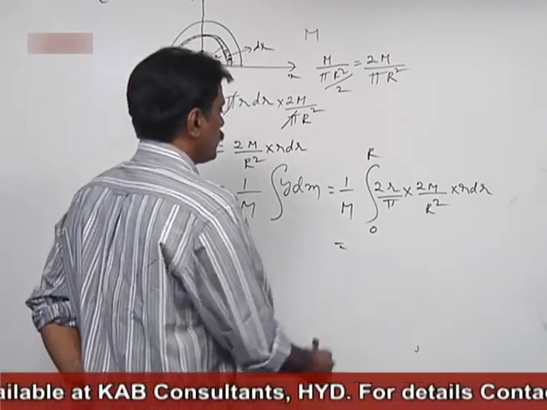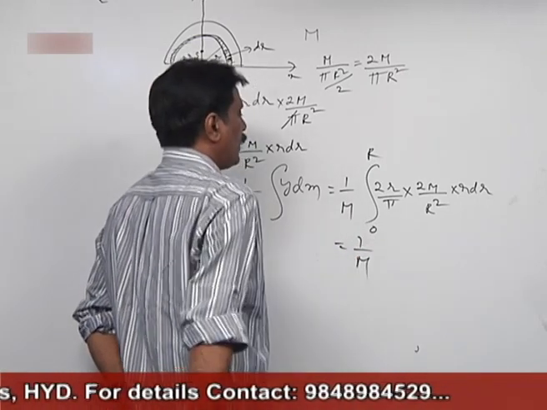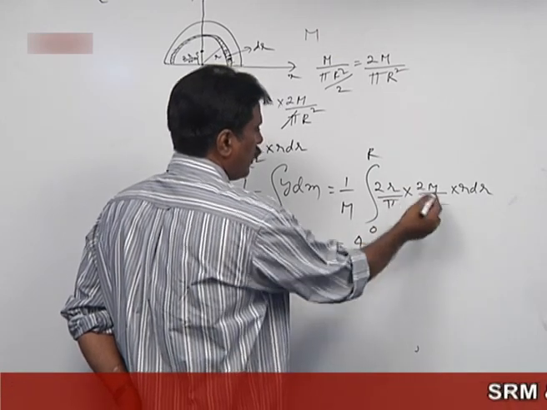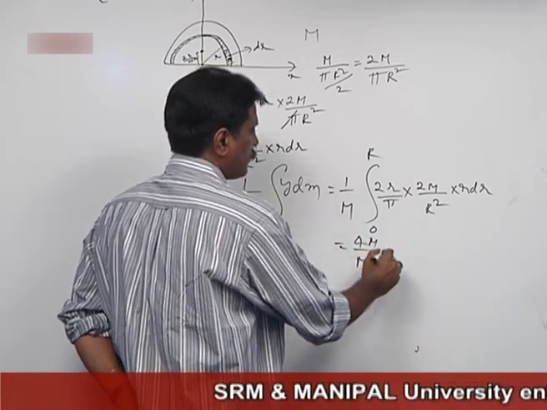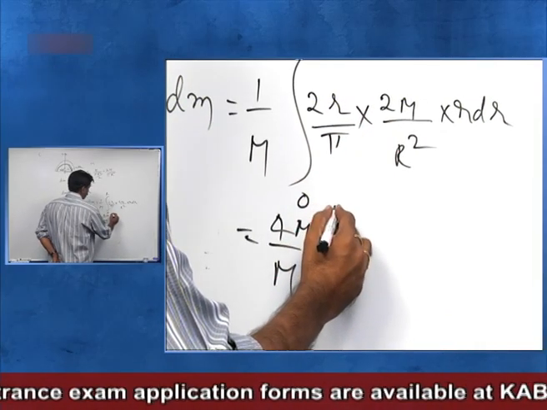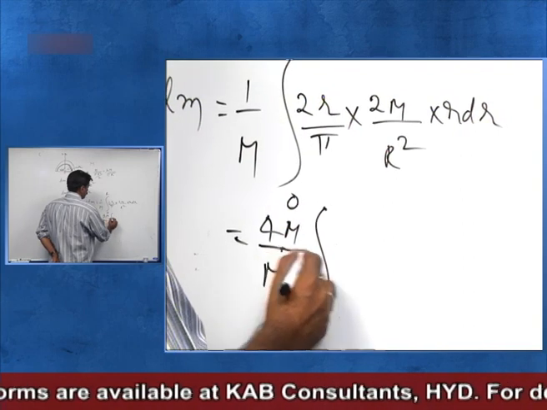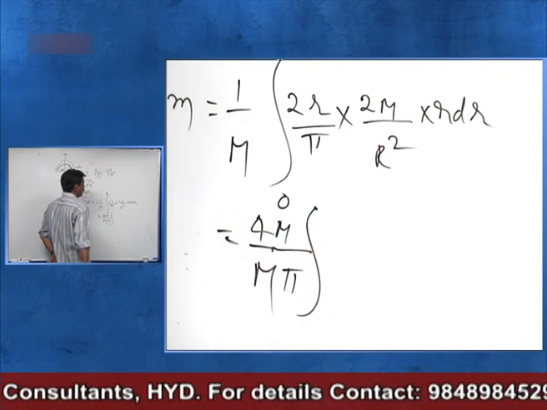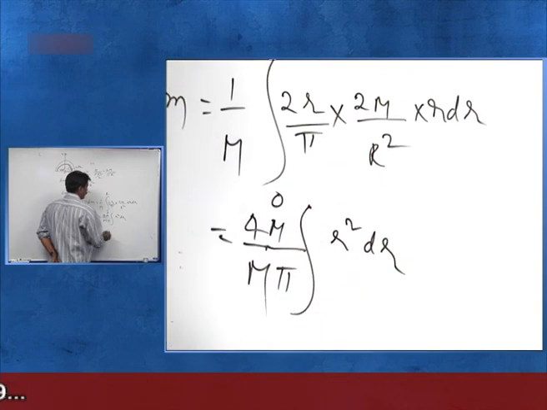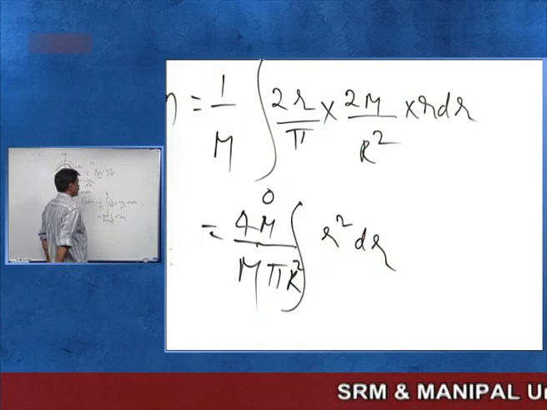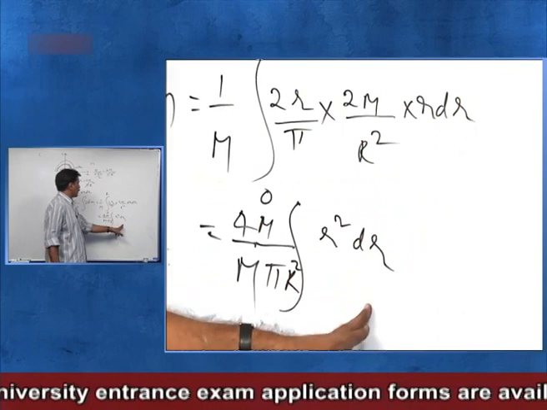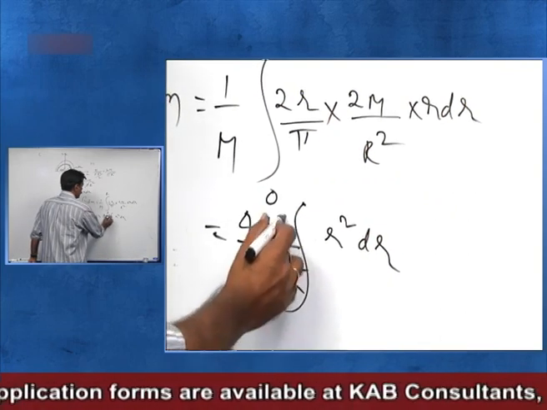This is equal to 1 by m integral, 2 into 2, 4 will come here, 4m integral, in the denominator pi will come, r square dr by r square. r into r square dr, the m gets cancelled.